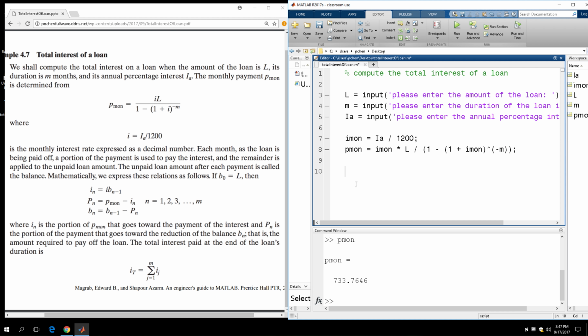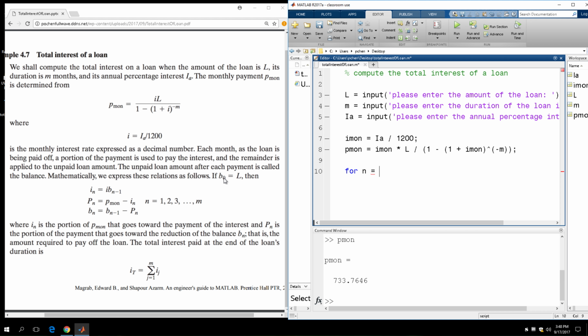Suppose we want to write the loop. What's going to be the index for the loop, the counter for the number of loops? Let's just use n as our counter. If we look at the mathematical expression, the balance at the 0th month equals capital L. But MATLAB doesn't allow a 0 index in arrays, so the smallest index must be 1.